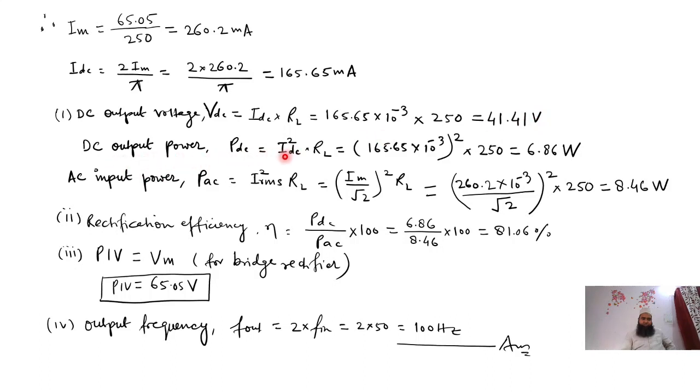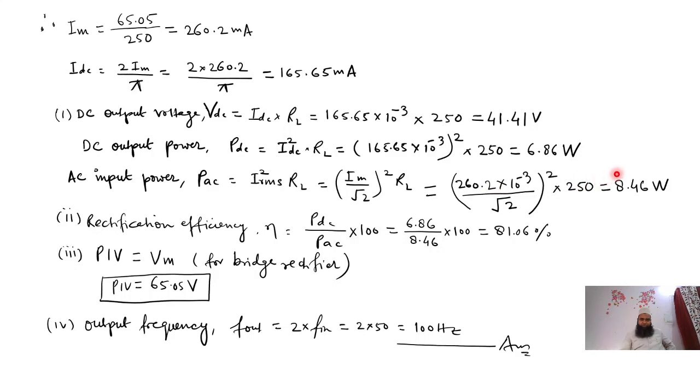DC power output PDC equal to IDC square RL. IDC is 165.65 into 10 to the power minus 3, whole square, into 250, equal to 6.86 watt. AC input power is IRMS square into RL. IRMS is Im upon root 2, square, into RL.